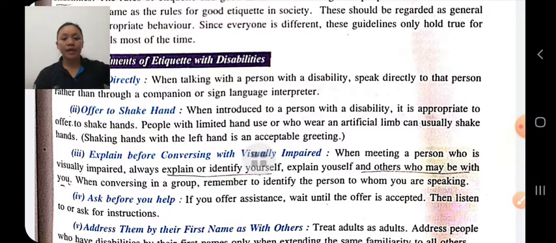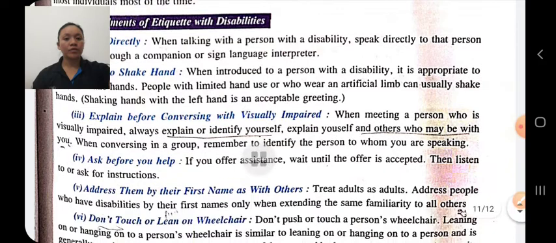People with limited hand use, or who wear artificial limbs, can usually shake hands. Shaking hands with the left hand is also an acceptable greeting. So first, always talk directly with him, offer to shake hands.